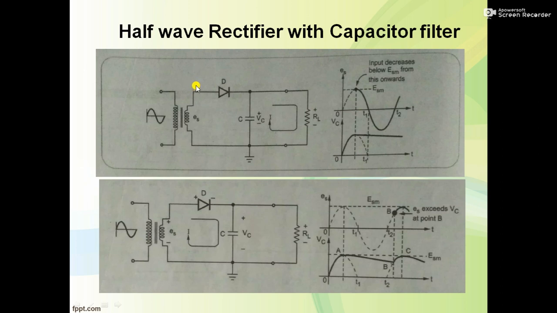Automatically, A becomes positive, B becomes negative. Positive, so the diode becomes forward. Current flows, and the same current also flows through the capacitor. At that time, the capacitor is charging from B to C. Again, the process will continue. So this is the operation of the half-wave rectifier with the capacitor filter.